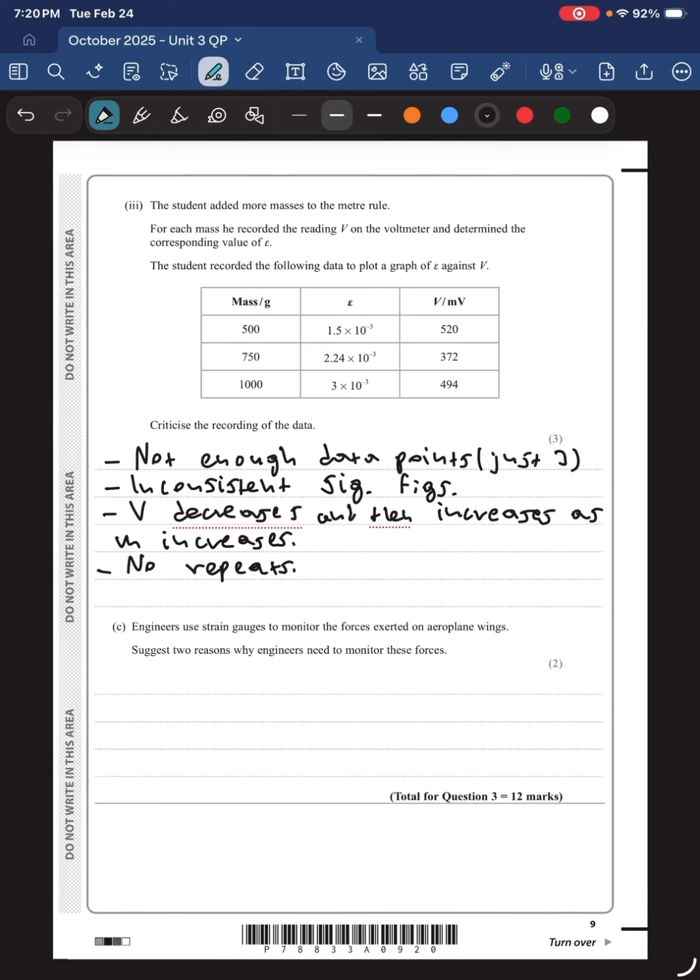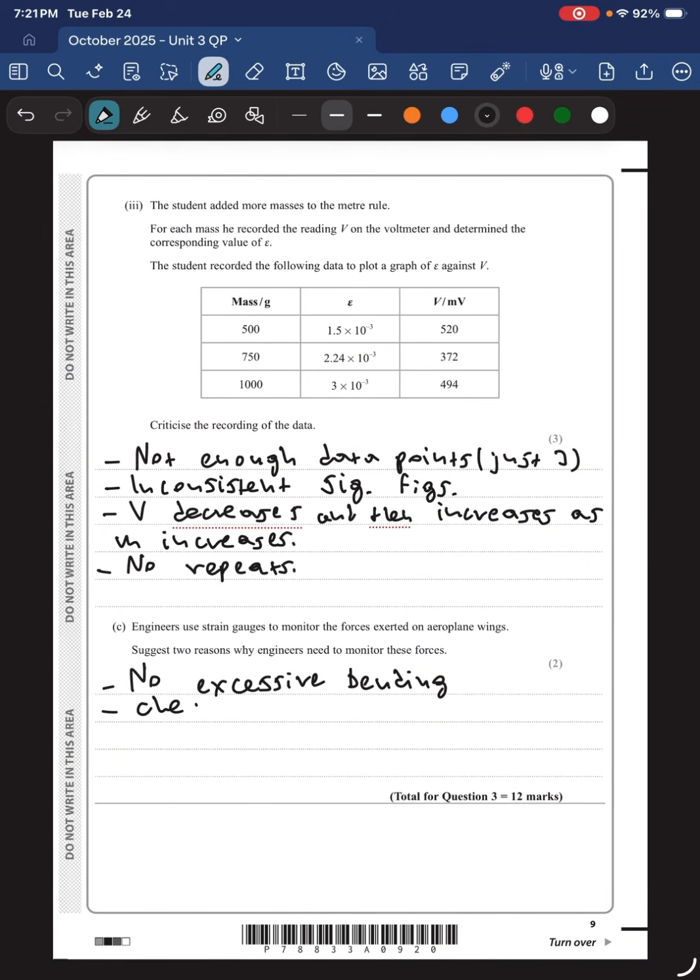Engineers use strain gauges to monitor the forces exerted on aeroplane wings. Suggest 2 reasons why engineers need to monitor these forces. So I guess in an aeroplane, we don't want the wings to bend too much, so no excessive bending. That's one. They can, I guess they use this to check the strength of the wings.